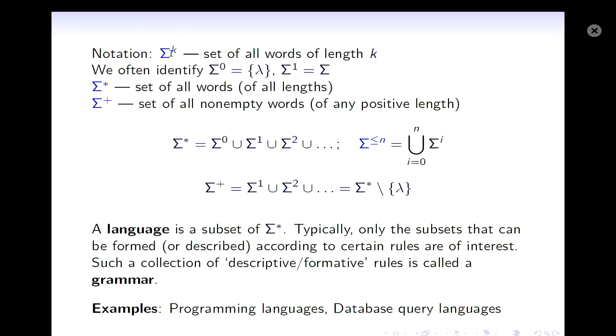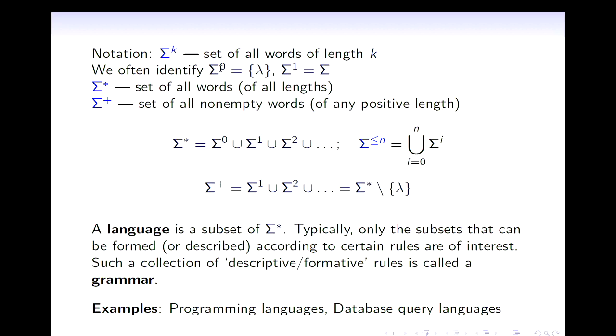For example, if you have binary numbers, then sigma would be 0, 1, and you want to look at all vectors of 4 digits, then k would be 4. So the set {0, 1} to the power of 4 would be all 4 bits that you can express, starting from 0, 0, 0, 0 to all 4 bits are 1.